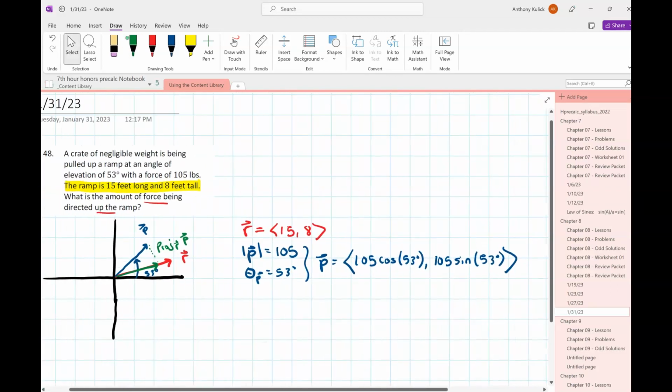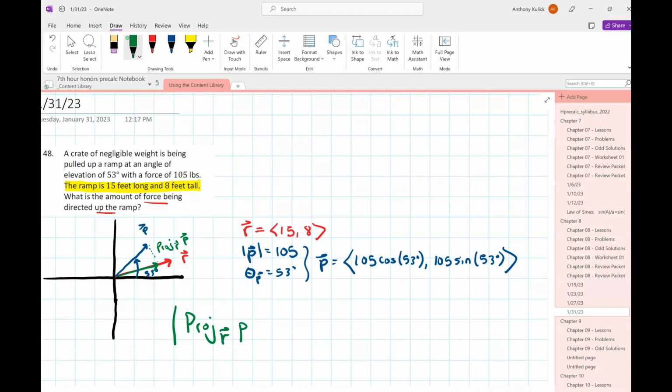And then for my answer, what I'm really looking for is the magnitude of that projection of P onto R. So to do a vector projection, that's going to be the dot product of R and P divided by the magnitude of R squared times vector R, and then we'll do the magnitude of that.